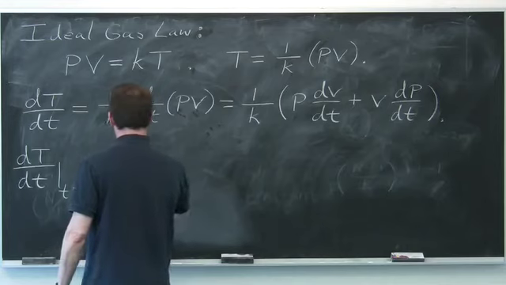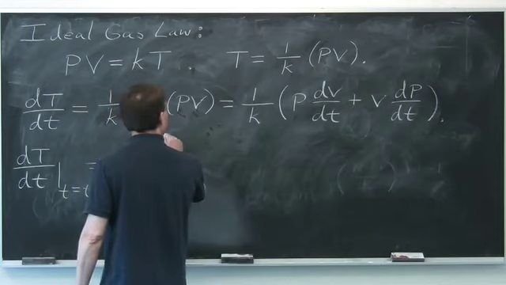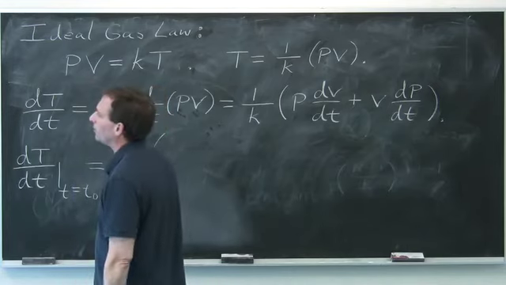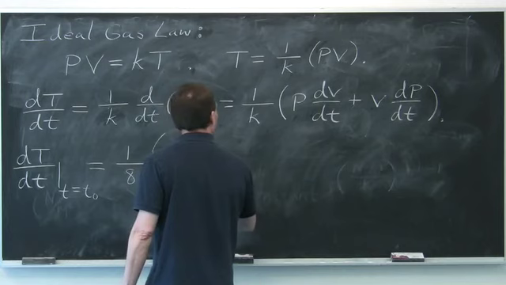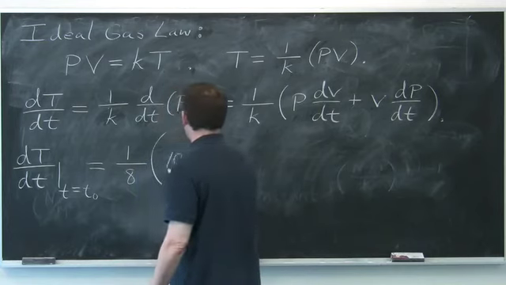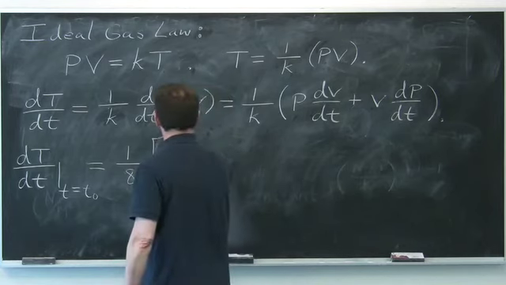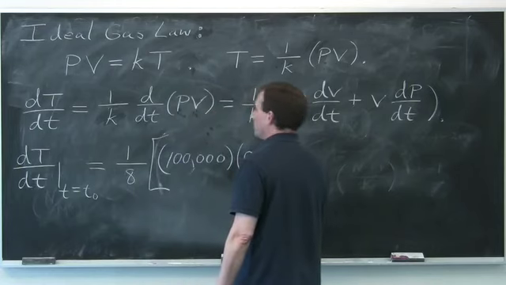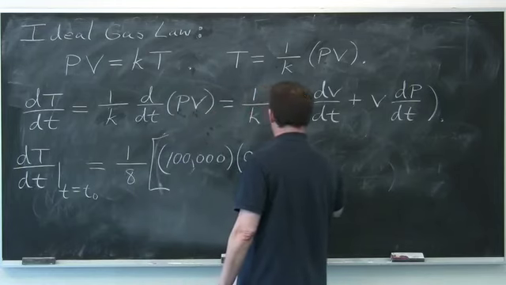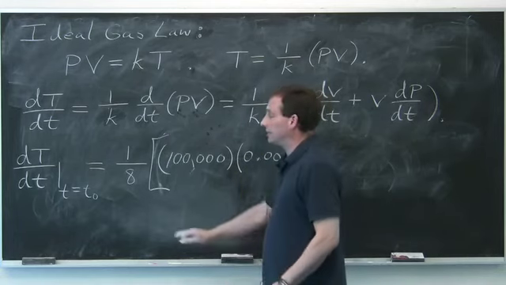So K is 8. P is 100,000. I'm going to drop the units until the end. dV/dt, we were told, is 0.005.